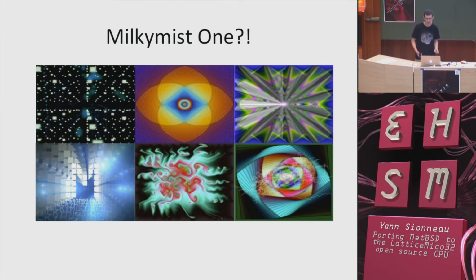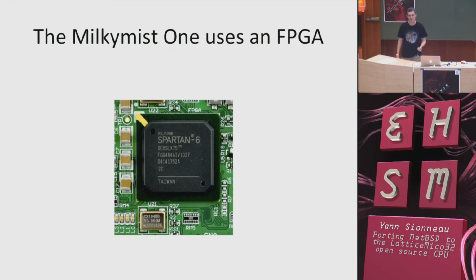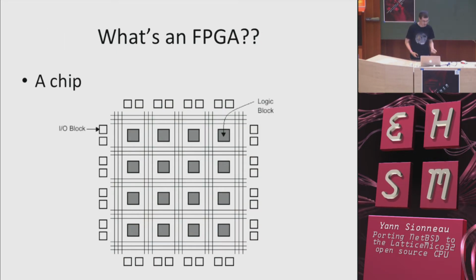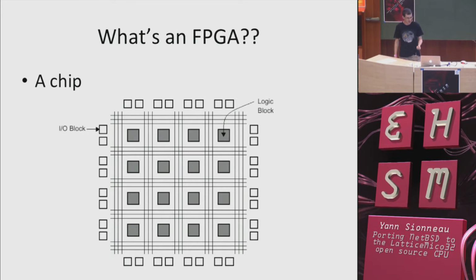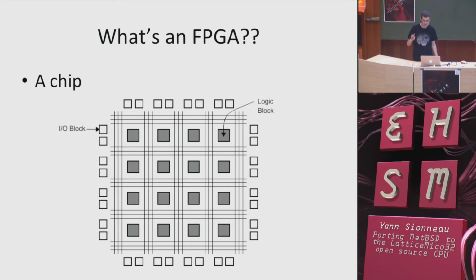So the main component of this electronic device is an FPGA. That's a chip, as you can see. So what is an FPGA? It's a chip. It's an array of logic blocks. It's good that in the previous talks we talked a bit about Lego bricks, because in fact it's a bit like playing with Lego bricks, because you can configure those many logic blocks like you want.